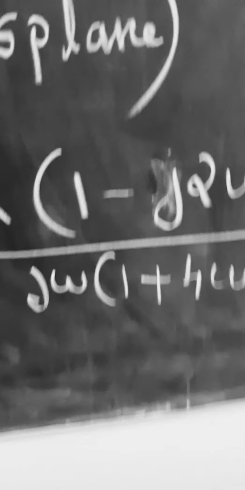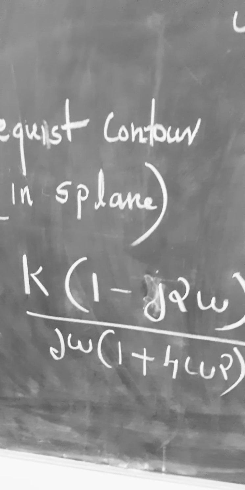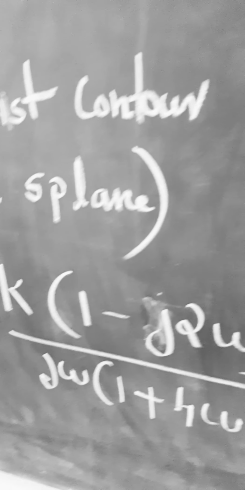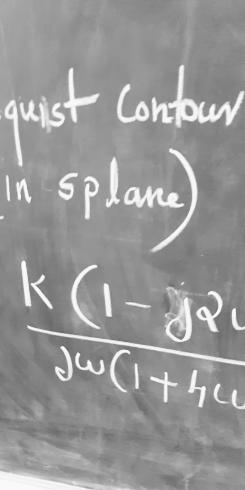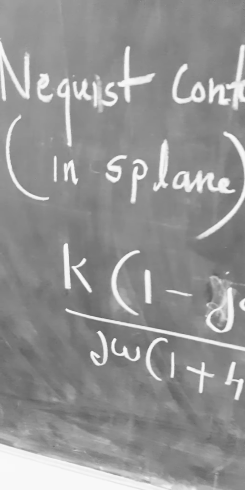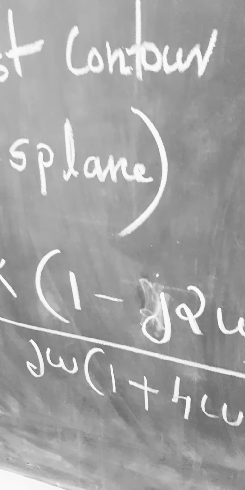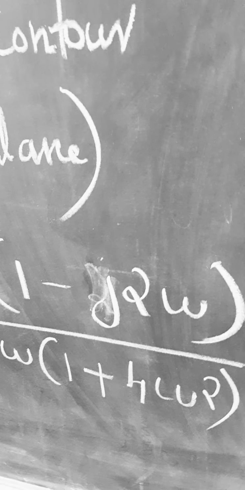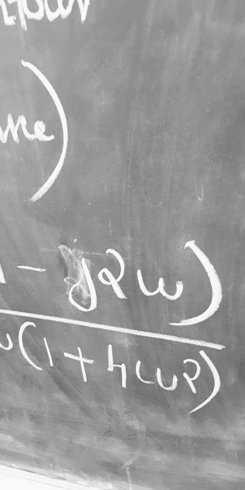So this we can write it as k divided by j omega into 1 plus 4 omega square.